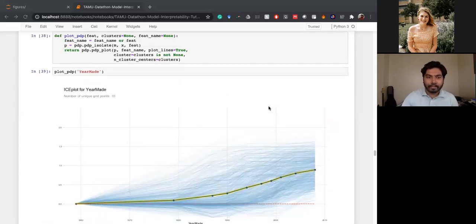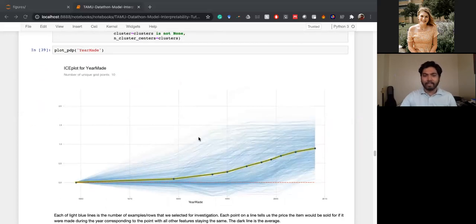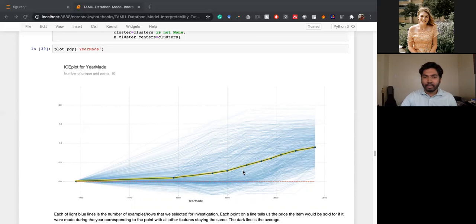You can see that I selected 1,000 observations here and did the analysis on that. These blue lines say what would be the price for this particular row at different years.